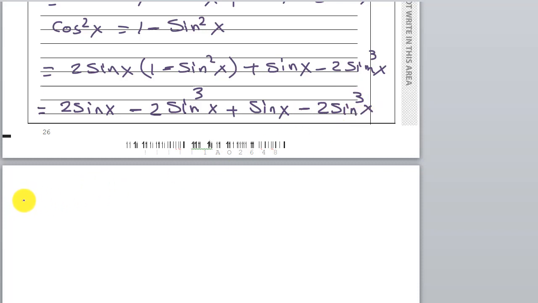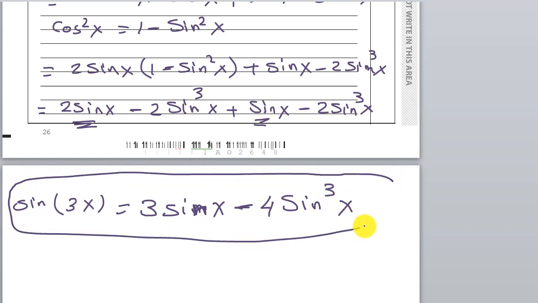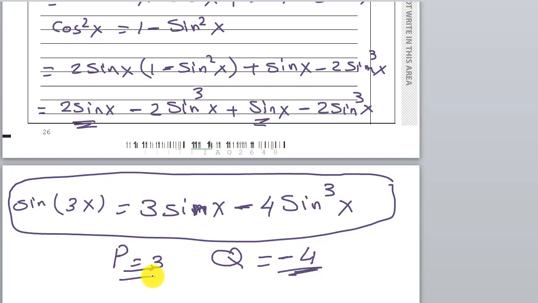So now sine 3x is equal to this part plus this part: 3 sine x here, minus 4 (2 plus 2) sine power 3 x, and this is the final answer. Now p equal to 3 and q equal to minus 4.